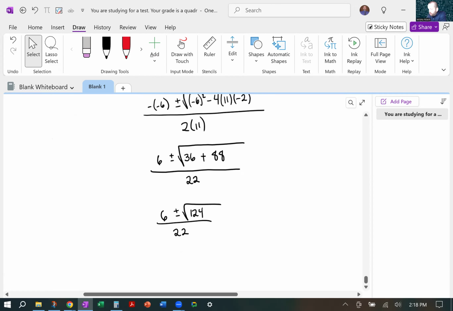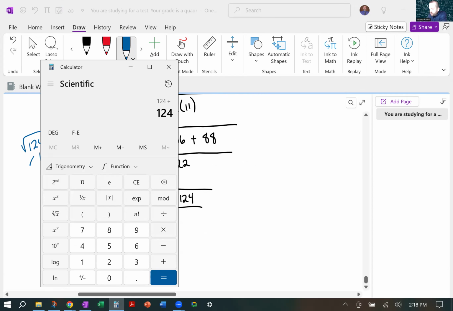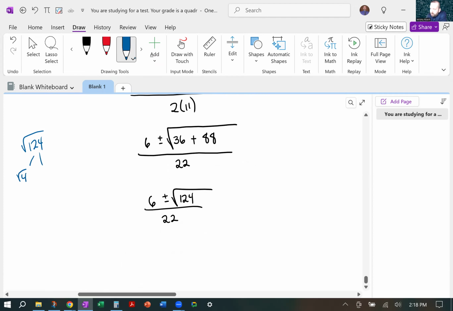All right, so now we're going to simplify the square root of 124. Let's do that to the side here. Maybe we can divide 124 by 4. We can. So this is the square root of 4 times the square root of 31. The square root of 4 is the square root of 2 times the square root of 2, so cross that out, and 31 is a prime number.